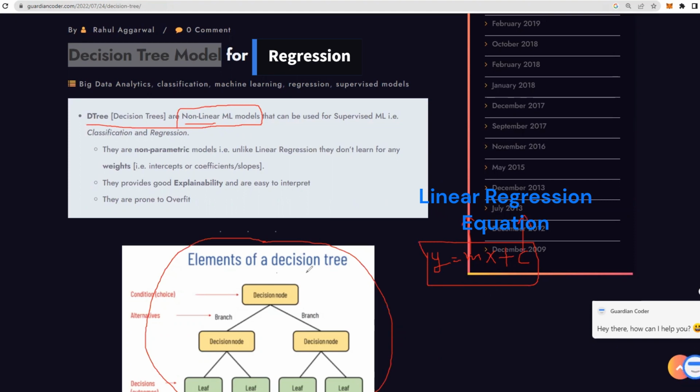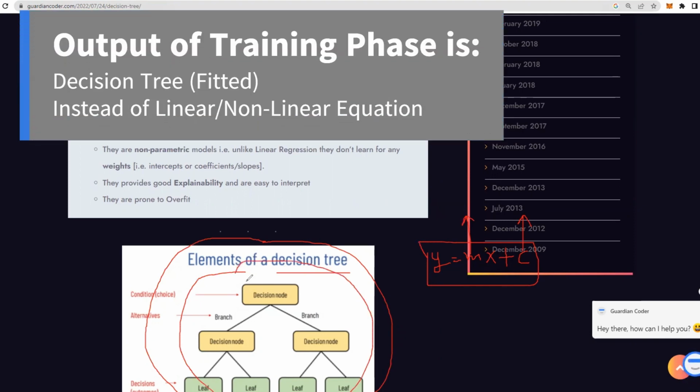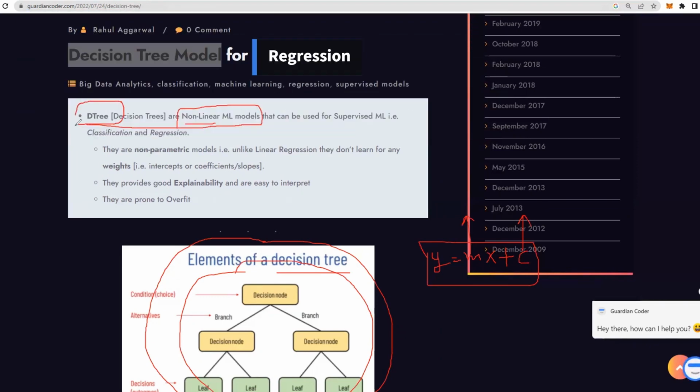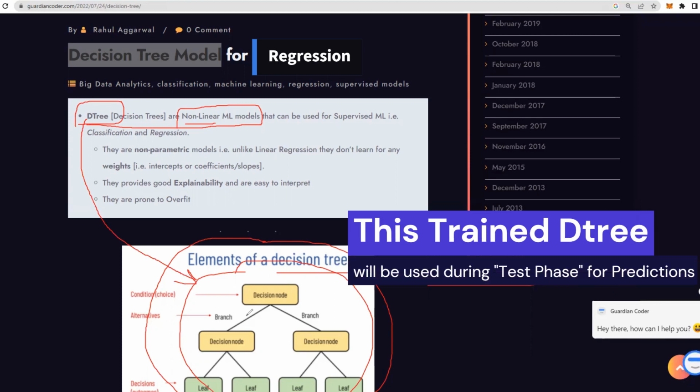Here in decision tree, we are saying our tree will fit on the data. That means the output of the training phase will be a decision tree, and that decision tree will help us in getting the output, whether a regression output or a classification output. So the training phase of decision tree yields a decision tree in this format, using which we can get the output.